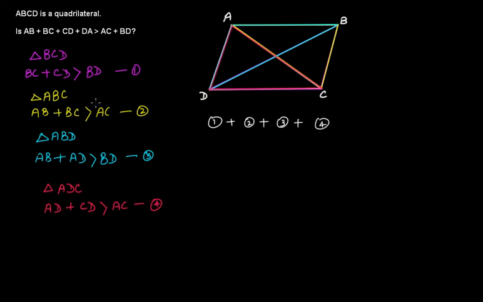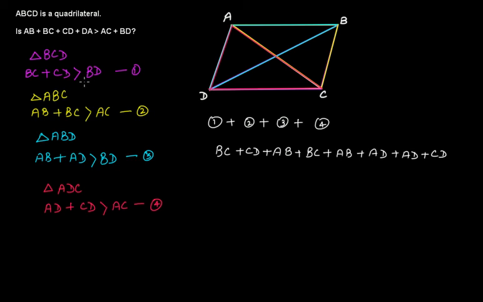So add BC plus CD plus AB plus BC plus AB plus AD plus AD plus CD.